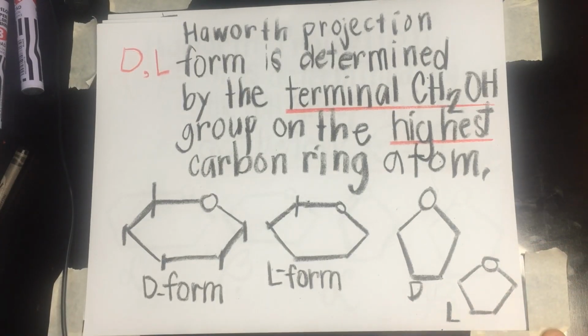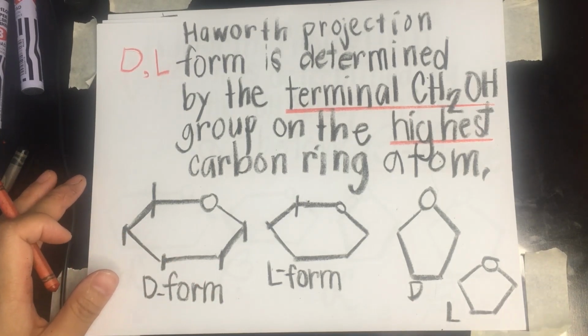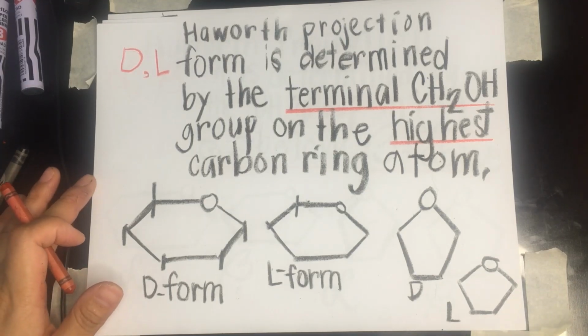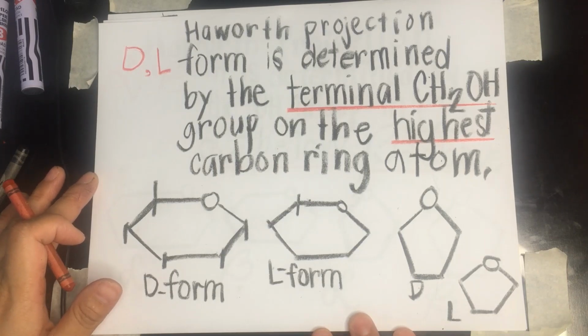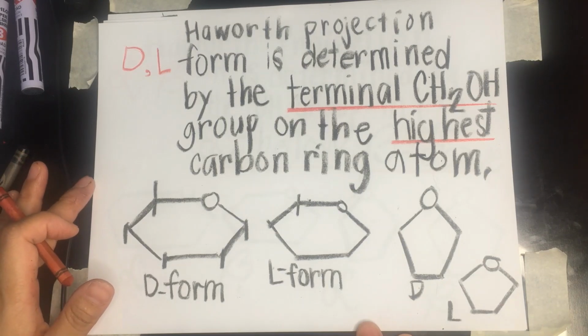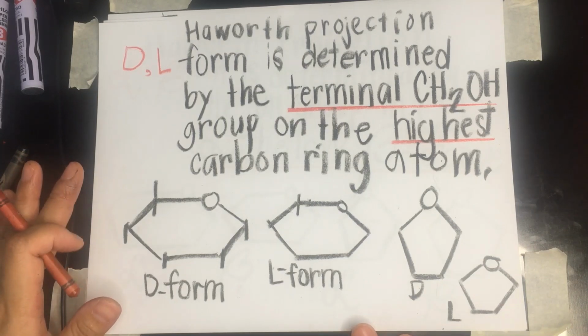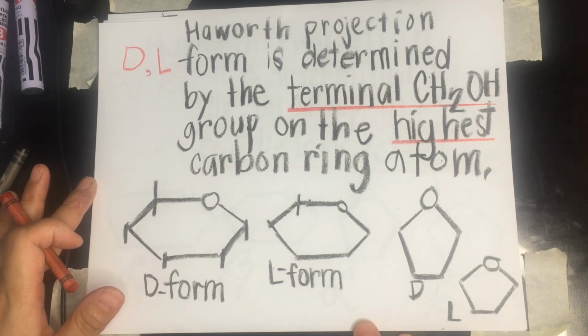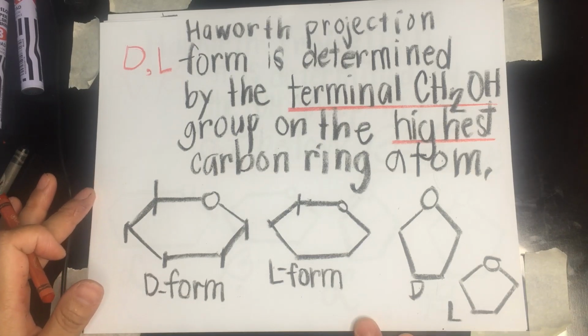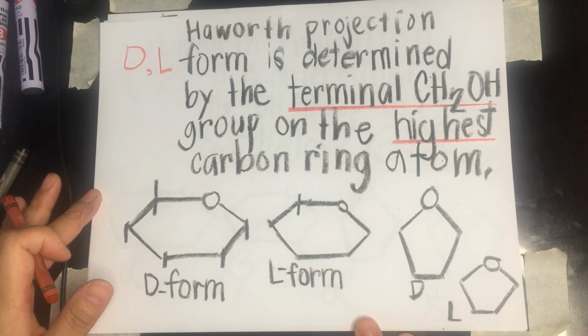Haworth projection form is determined by the terminal CH2OH group on the highest carbon ring. So again, in the Haworth projection, we are going to determine the D and L form. Just like what we did in the open chain, in the Fisher projection, we are also going to do the same in the Haworth projection or in the closed chain. We are going to take into consideration the D and the L form, and we are going to locate the terminal CH2OH.